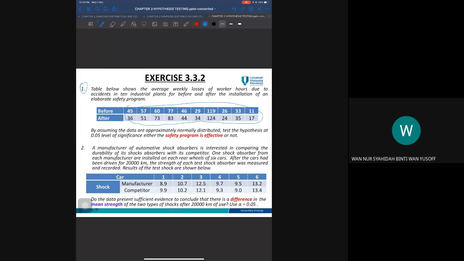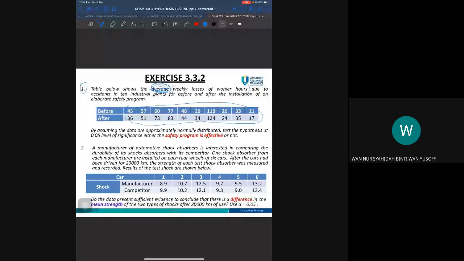Okay, average means that we already modified the raw data, so it is incorrect if you write average. It is just weekly losses of the worker hours.